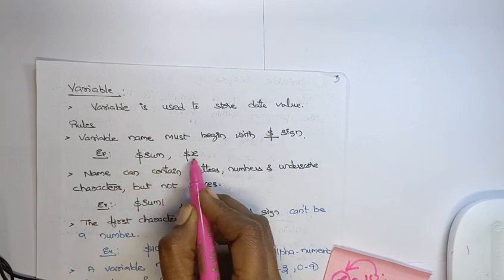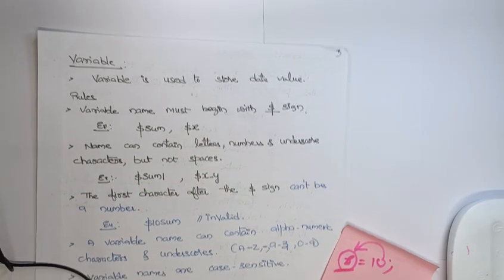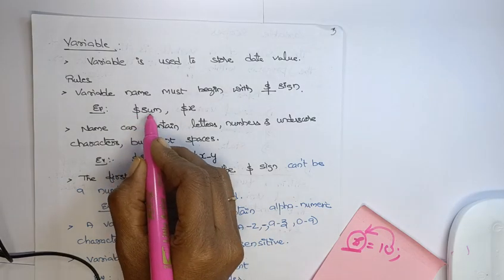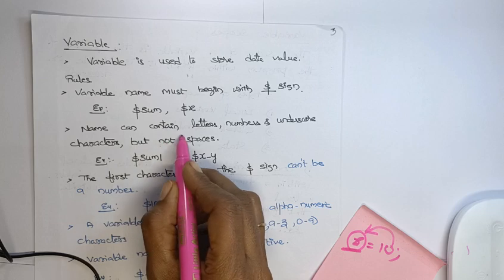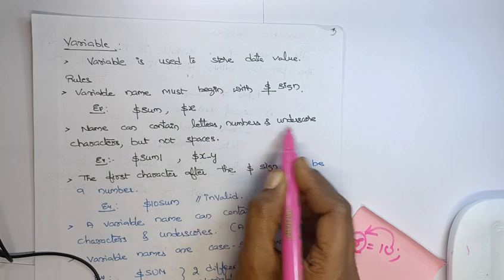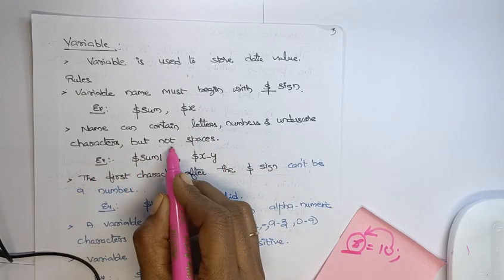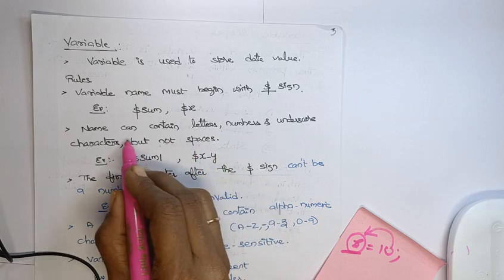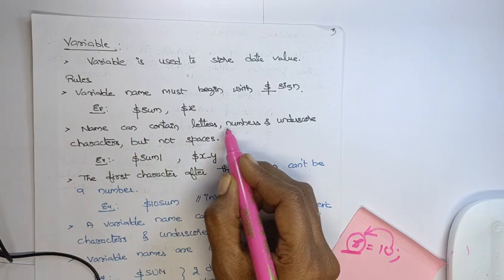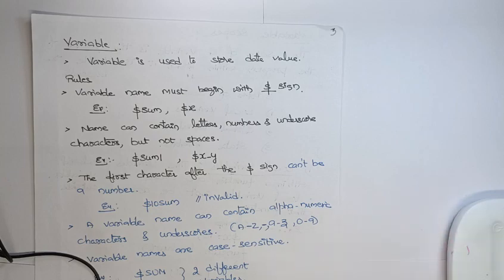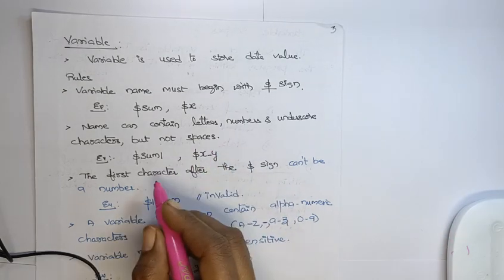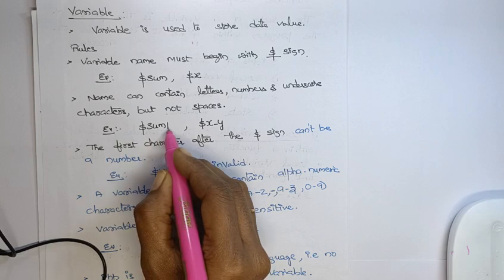For example, $sum, $x, and so on. By seeing this dollar symbol, you can recognize that this is a variable name. A name can contain letters, numbers and underscore characters, but not spaces. For example, $sum1.